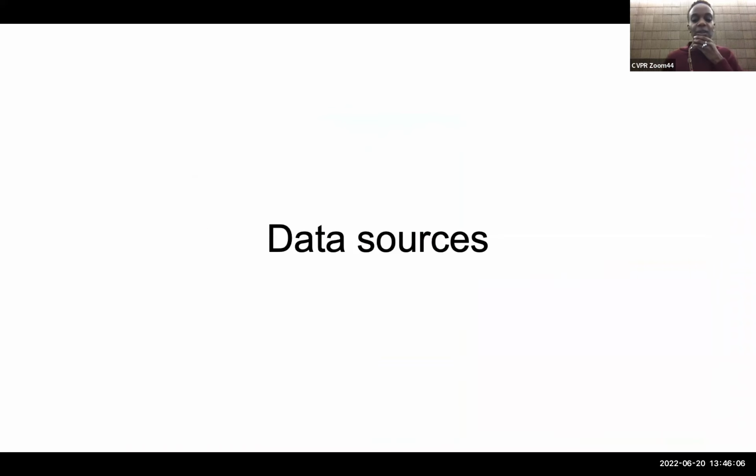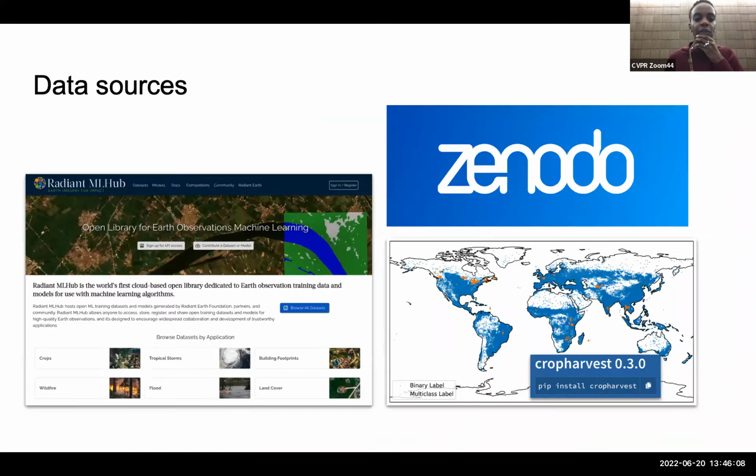In terms of data sources, there are quite a few places where you can find data. There's the Radiant Earth ML Hub, where there are machine learning ready data sets. There are quite a few from around the world. They have competitions sometimes. They have data sets on field boundaries, points.